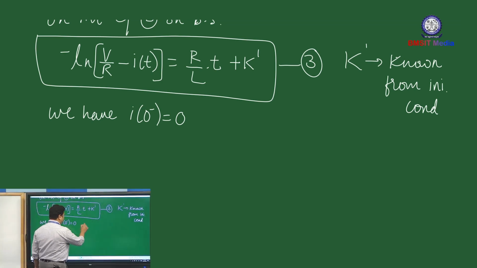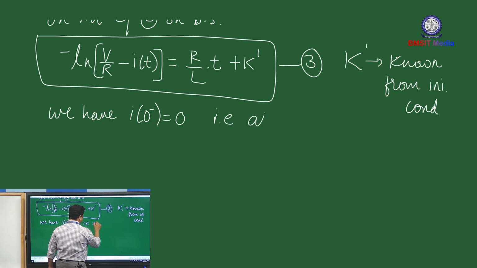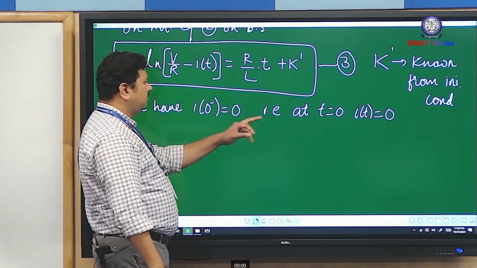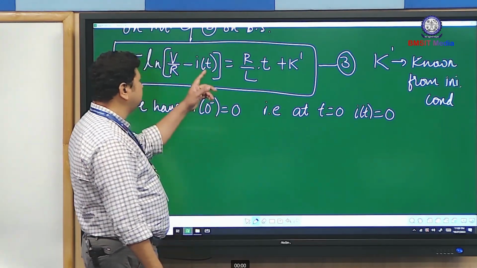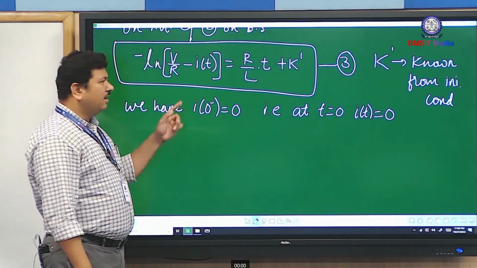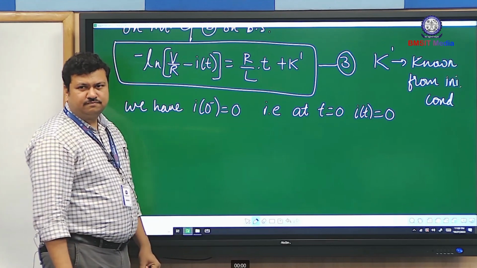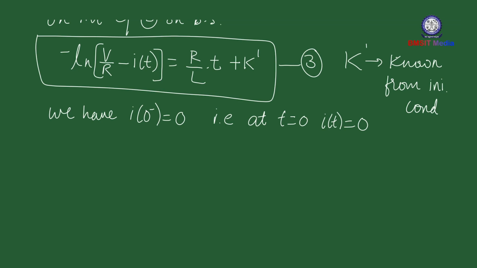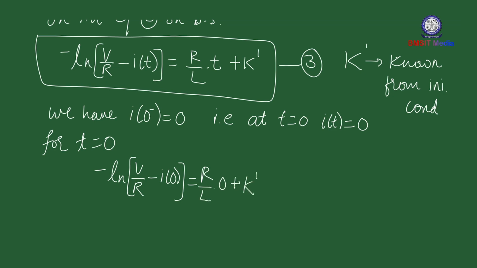So what does it mean? That is, at t equals 0, I of t is 0. Now if I substitute the value of t equal to 0 in the above expression, then I will be getting the expression for k dash. For t equals 0, I can write minus log of V by R minus I of 0 equals R by L into 0 plus k dash.